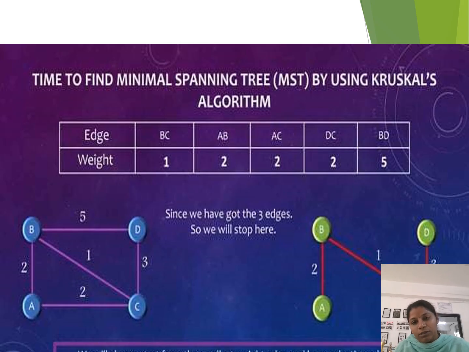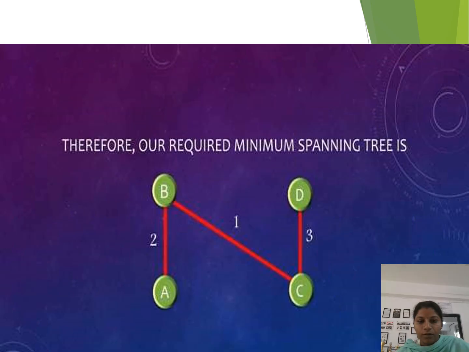If you connect BD, it will definitely form a circuit between BC, DC and BD, so we are going to reject that edge. So with 4 vertices and V minus 1 edges, 3 edges can be satisfied by using Kruskal's algorithm.